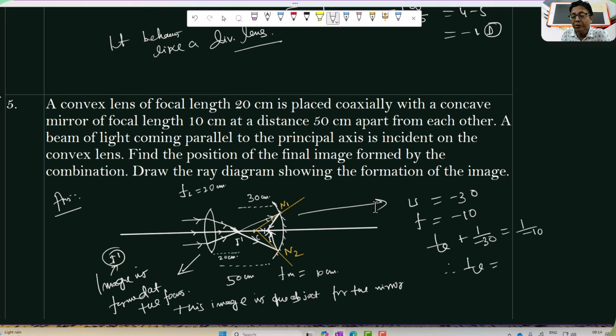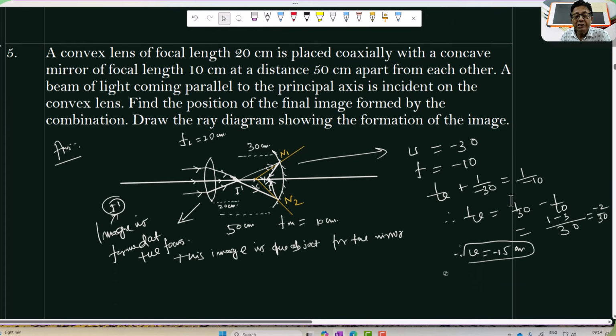So 1 by v will be what? 1 by 30 minus 1 by 10. 30 is the LCM. This part is 1 minus 3, so this is minus 2 by 30. Therefore, v will be minus 15 centimeter. So this ray diagram is supported by the equation also.